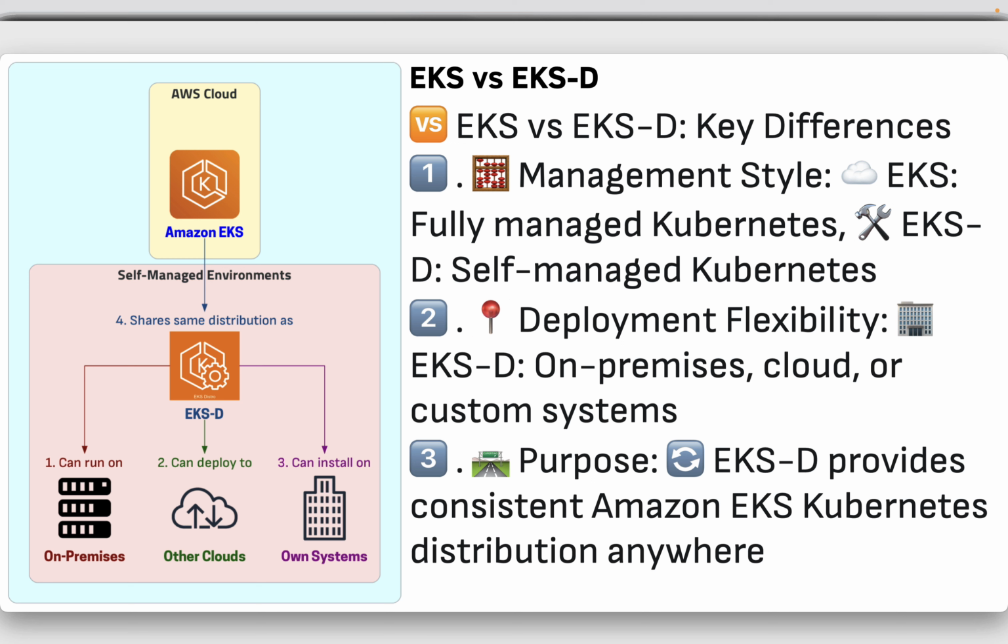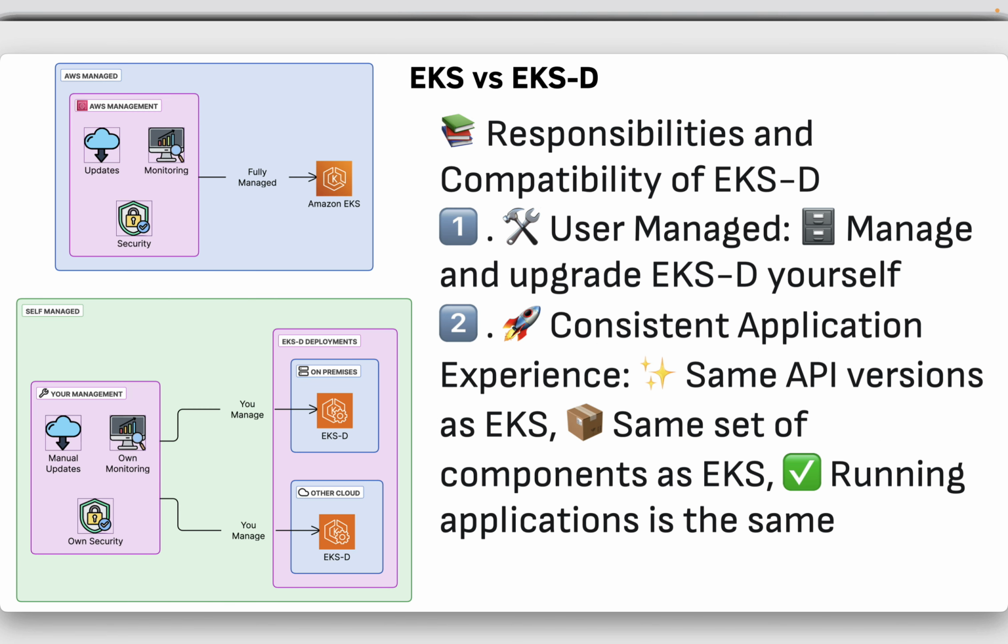EKSD provides a path to having essentially the same Amazon EKS Kubernetes distribution running wherever you need to run it. Once EKSD is running, you are responsible for managing and upgrading it yourself. For end users, however, running applications is the same as with EKS, since the two support the same API versions and same set of components.